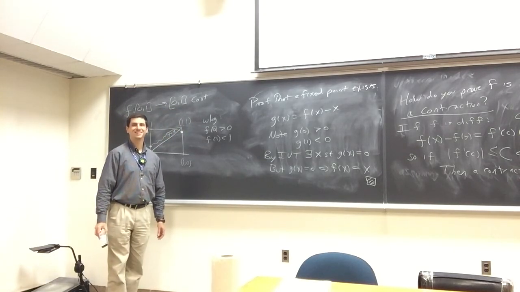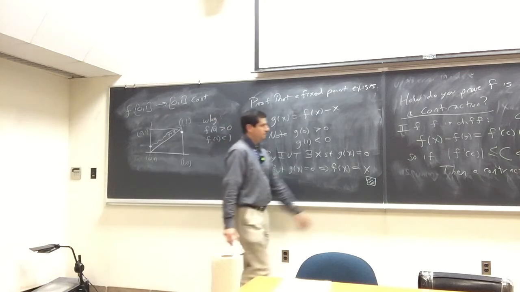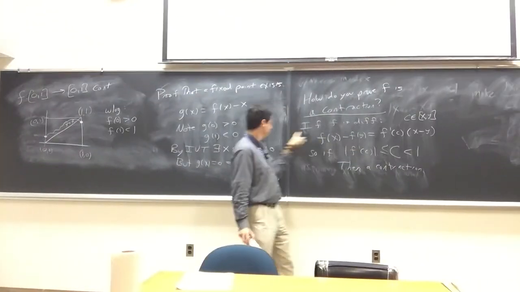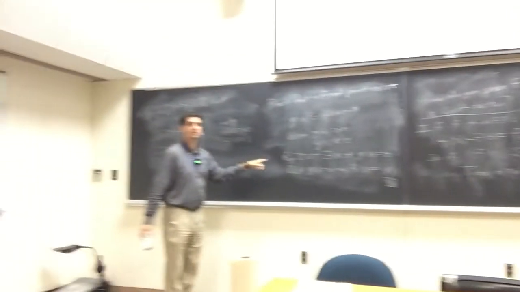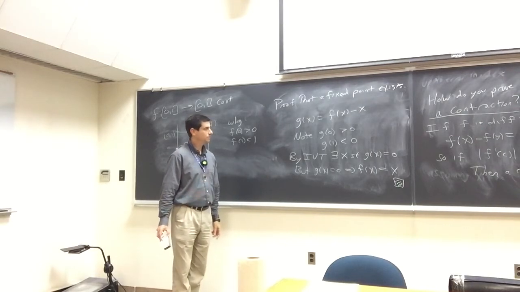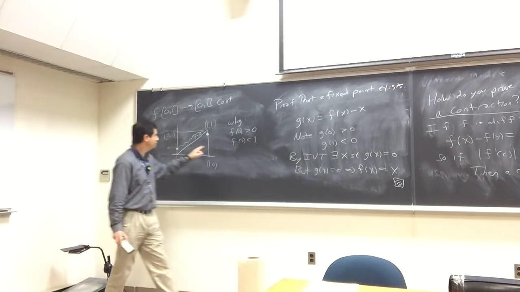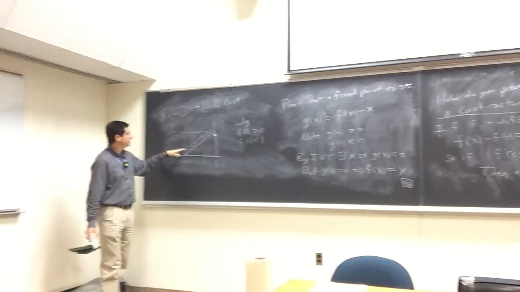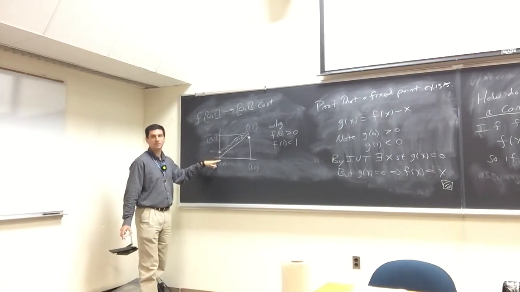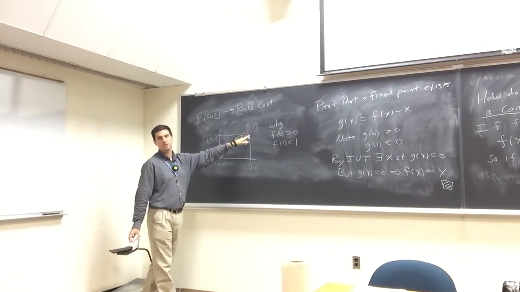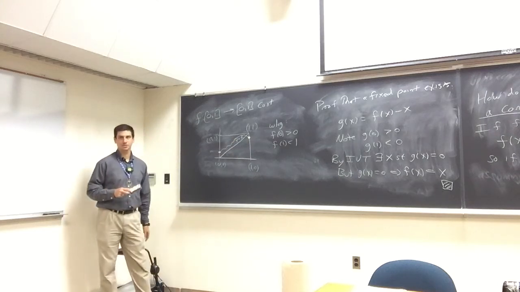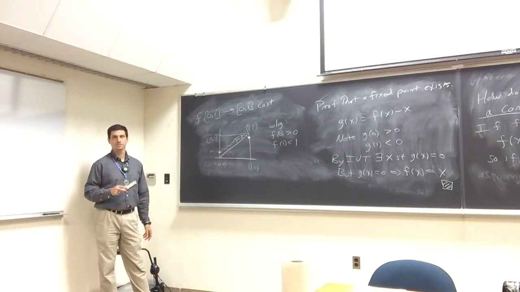Yes? Sorry, just on that last proof. This one? This one. Yes. Okay. I don't understand how you know that note. Oh, that note? That's because what we did before is if f(0) is 0, we have a fixed point. If f(1) is 1, we have a fixed point. So we can assume we're in this case. So if you're saying it doesn't cross 0?